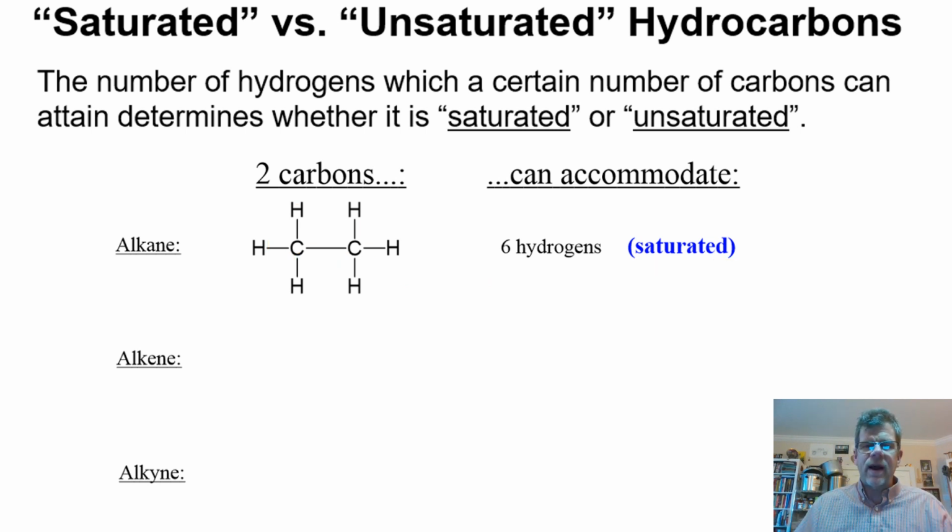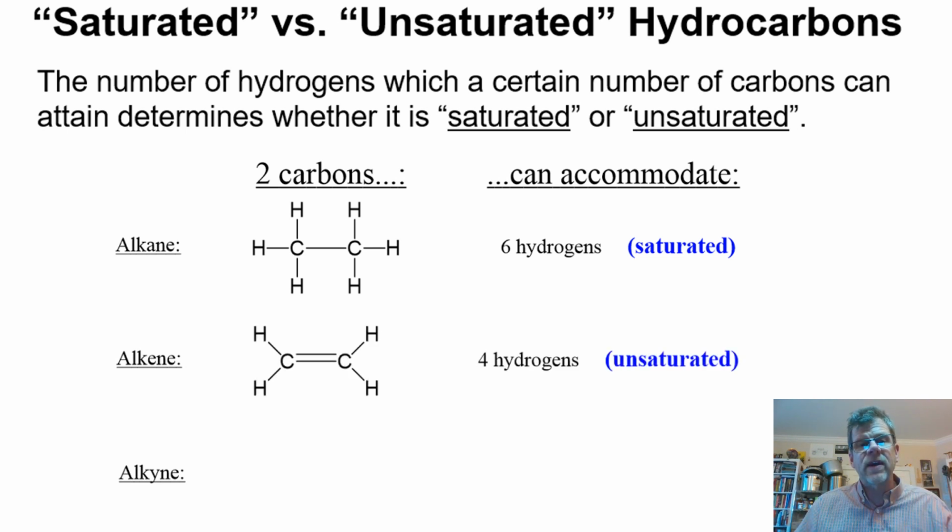Now let's compare this with the analog of an alkene, a 2-carbon alkene, where 2 of each carbon's bonds are used up connecting the 2 carbon atoms together. So to satisfy the rule of 4, on each carbon we can only install 2 more hydrogens apiece, for a total of 4 hydrogens.